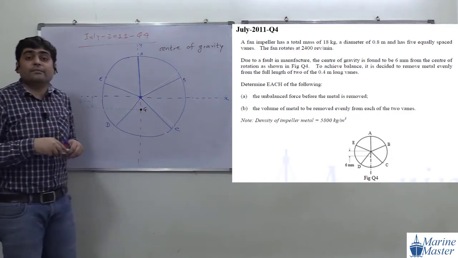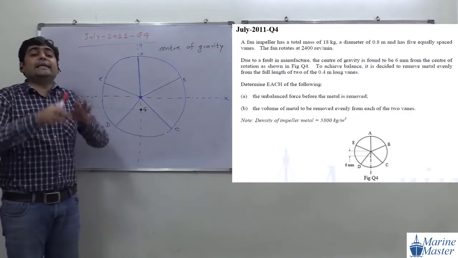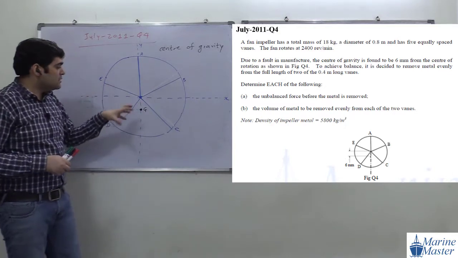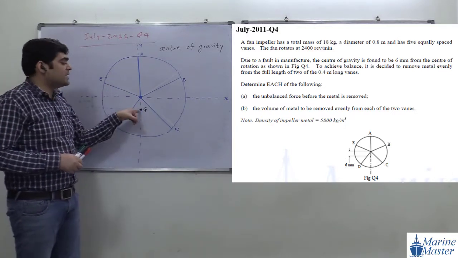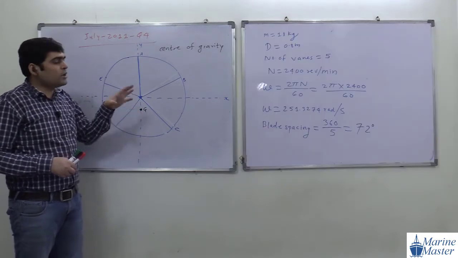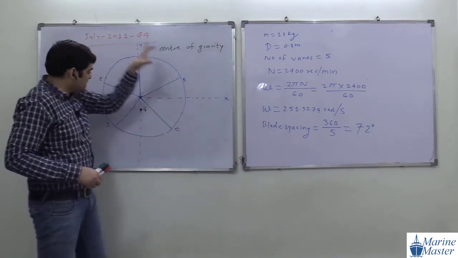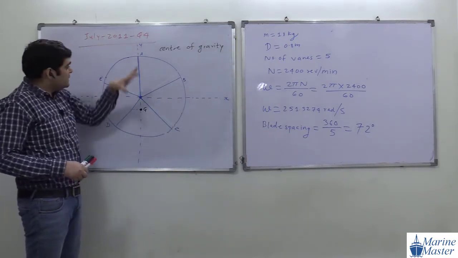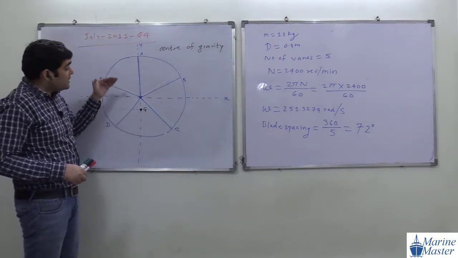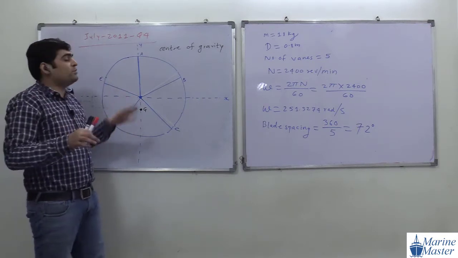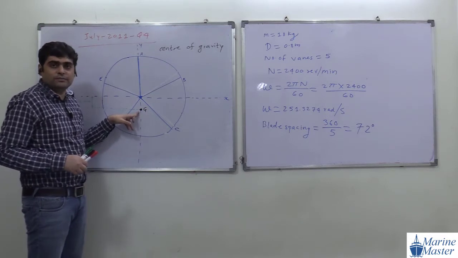In other words, we can say our entire mass of 18 kg will act at this location. This is an impeller, but if the center of gravity is at this position, the entire mass of the impeller will act at this location.